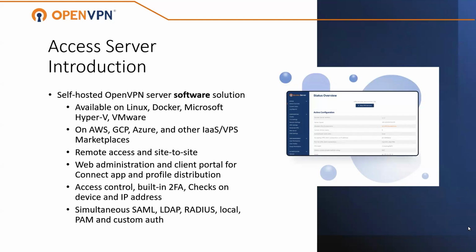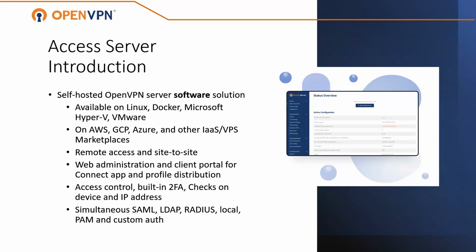For example, you can authenticate a group of users, let's say contractors, using local authentication. And at the same time, Access Server can authenticate employees using something different, like SAML single sign-on.